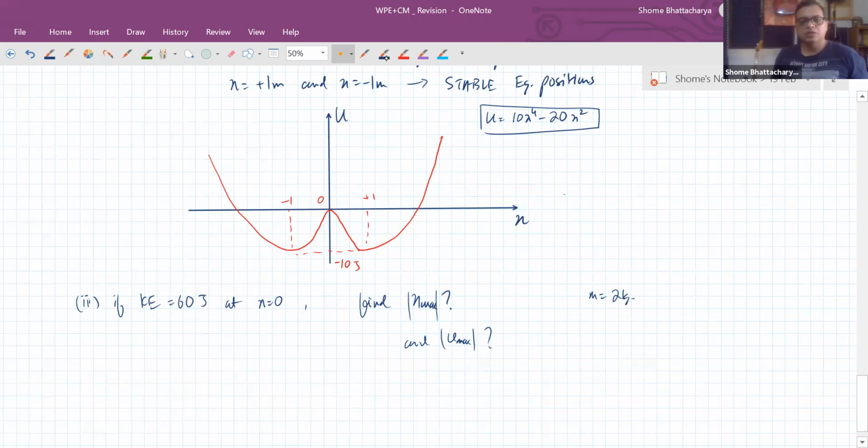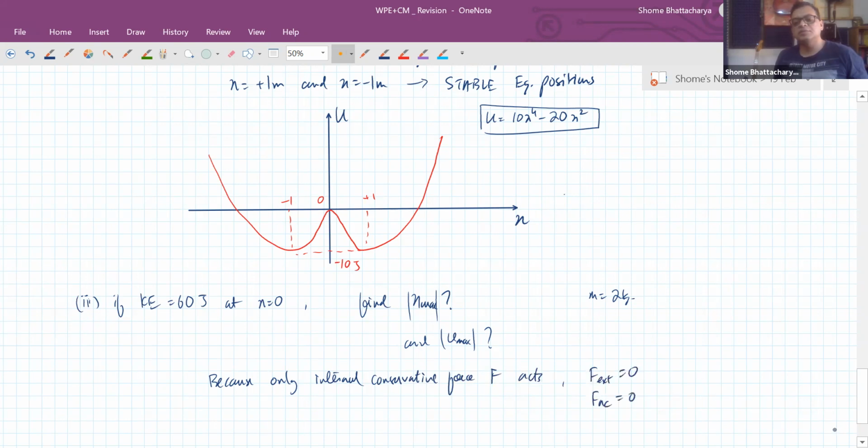Now see, what is happening is that because only internal conservative force acts on this particle, external force and non-conservative forces are absent.